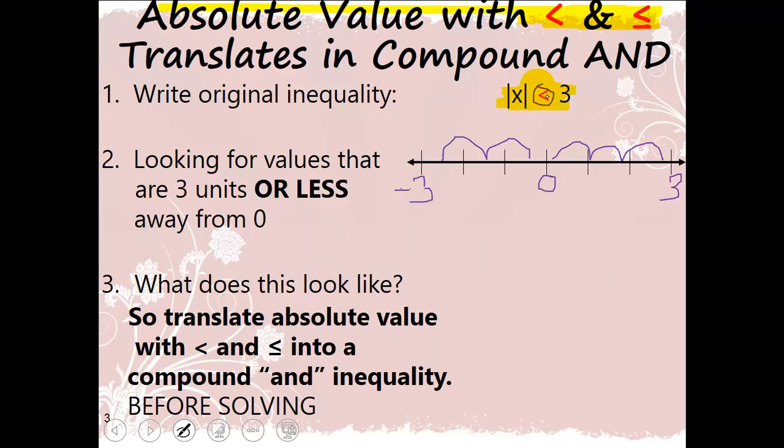This says I have an open circle and an open circle, and I want values that are less than 3 units. So that would include -2, -1, 1, and 2. If I go beyond 3, then I haven't met the criteria. If I go beyond -3, I haven't met the criteria. So what does this graph look like? Well, it looks like a compound and.